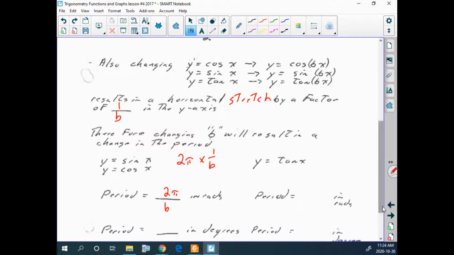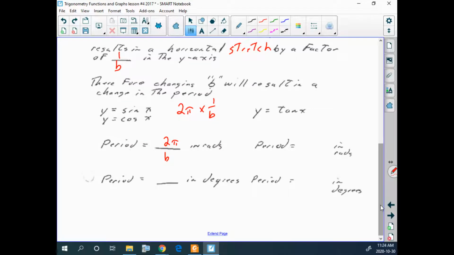If I know the b value, I can find the period of the function by just going 2 pi over b. And it's just a simplification of this. Now, we would have the same thing if we were speaking degrees. We don't speak degrees very often, but it is possible. To find the new period would be 360 over b.